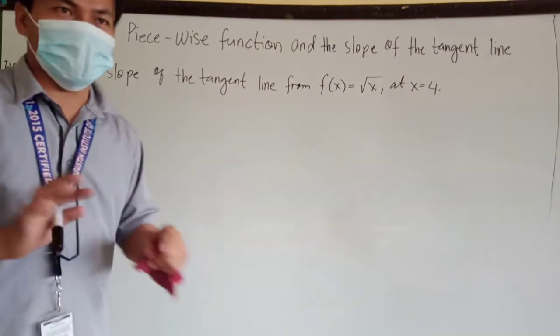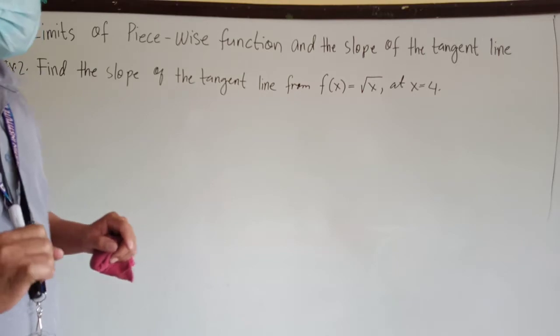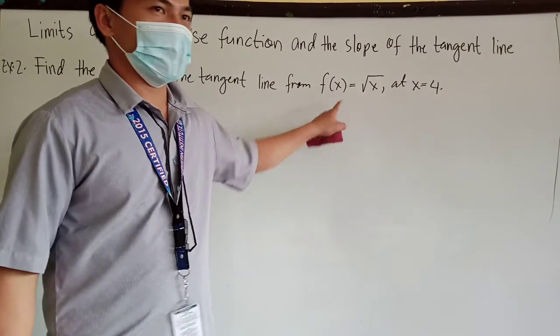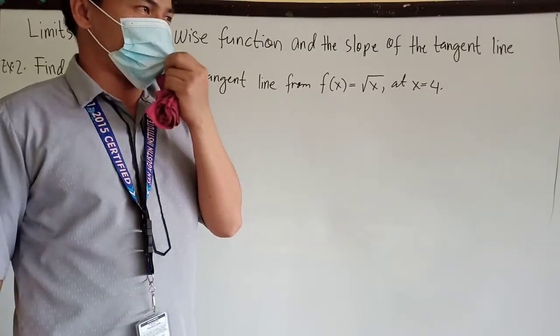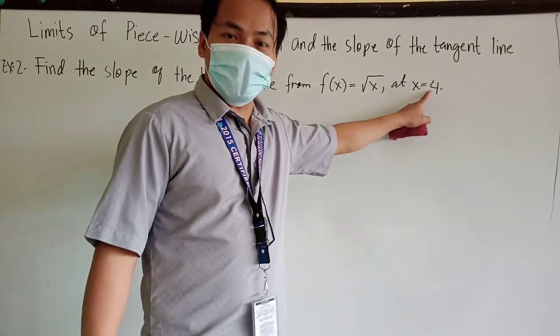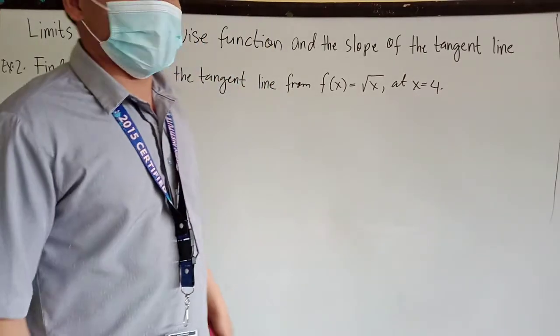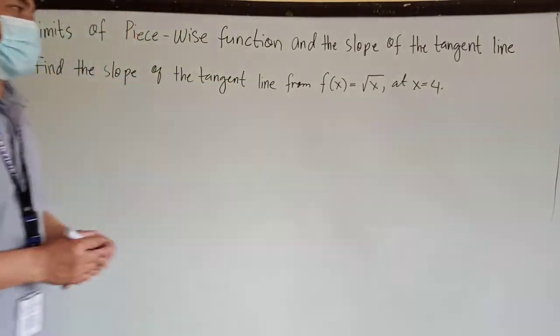The process is, first we get the derivative of the given function. After we get the derivative, we use the value of x, which is 4, and the resulting value signifies the slope of the tangent line.